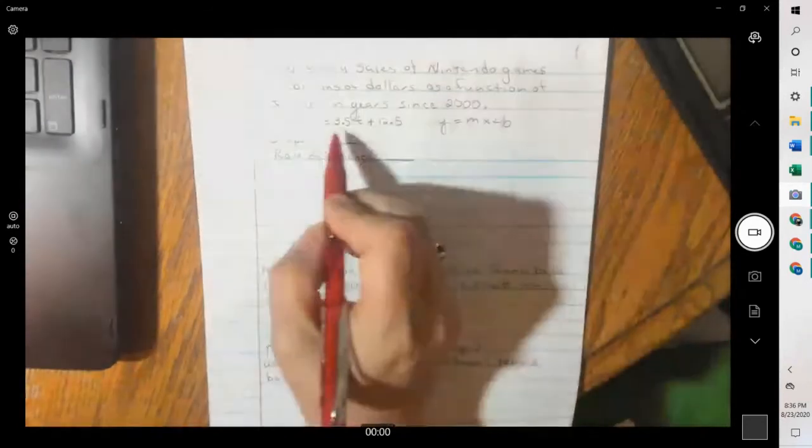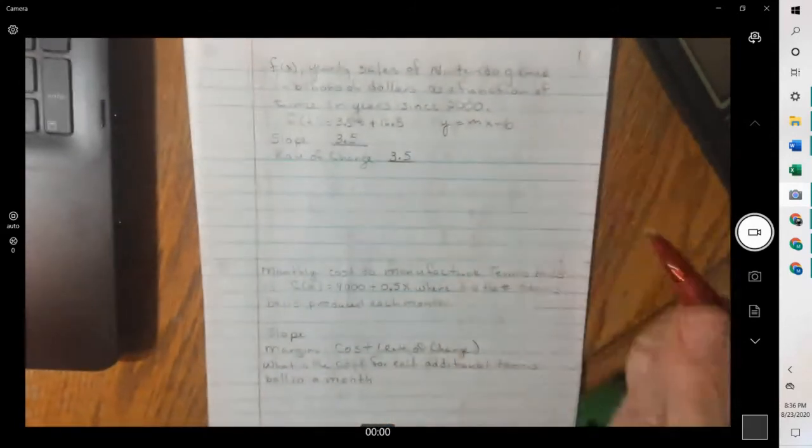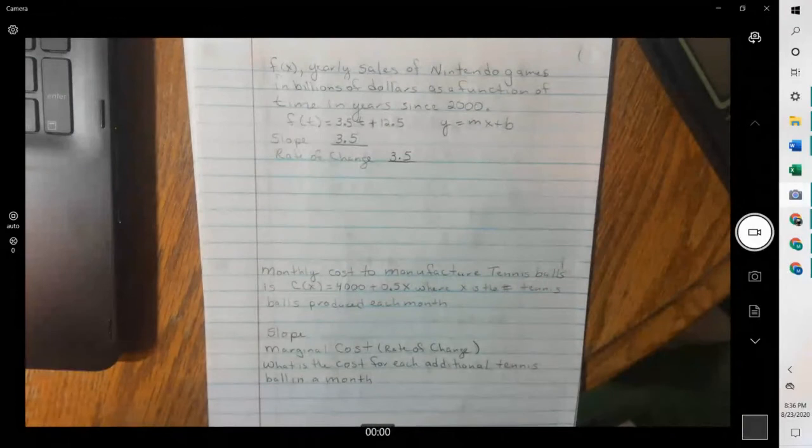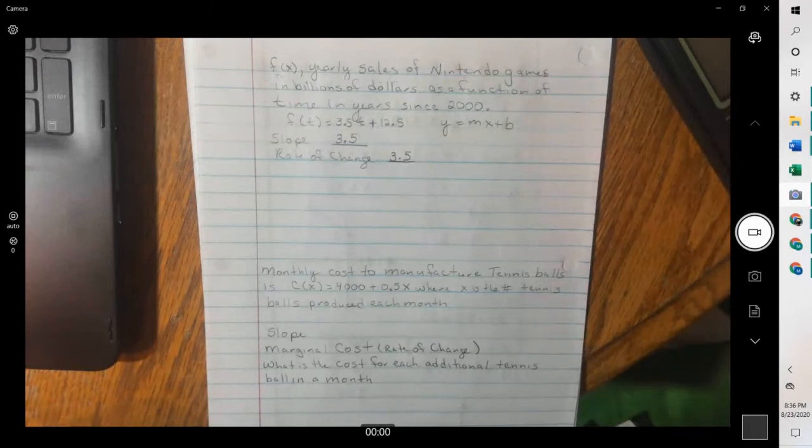So our slope is the 3.5. Rate of change is 3.5. And it's y value over x value, because it's rise over run. And remember, the slope is the change in y over change in x.